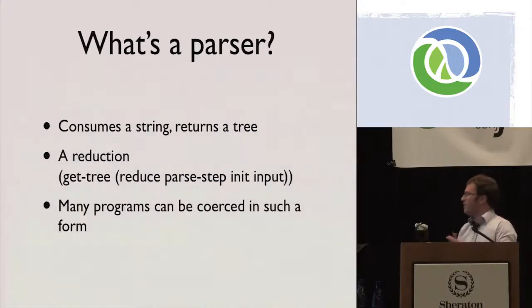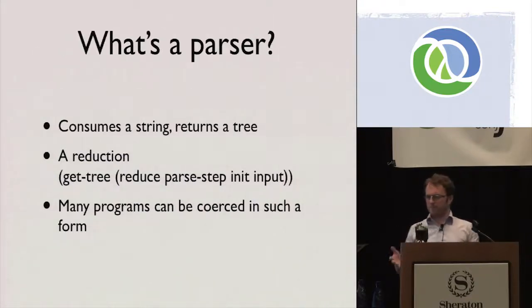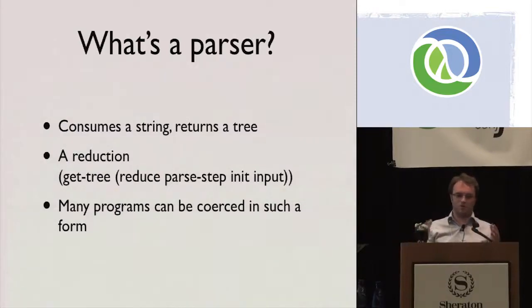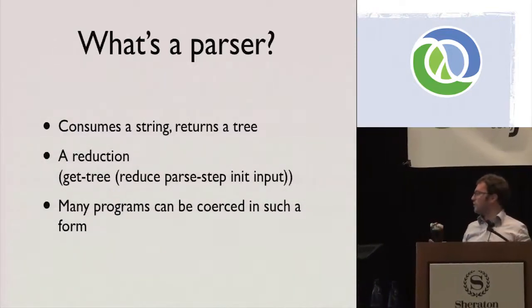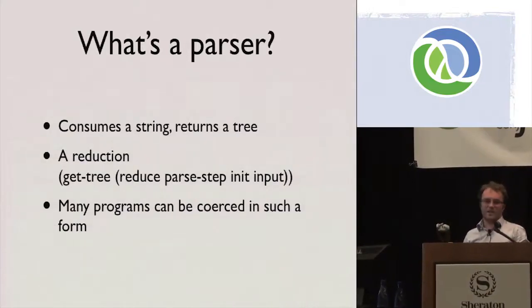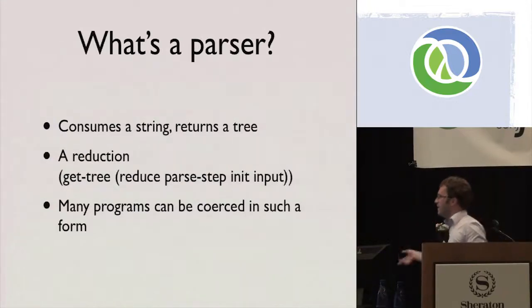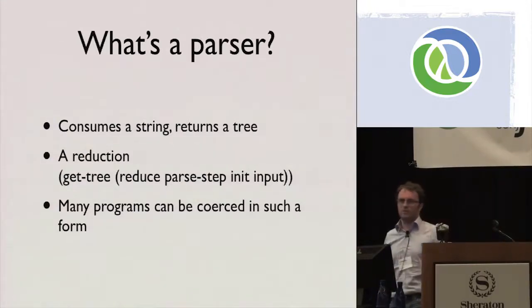So from a very, very, very high-level point of view, a parser is simply something which consumes a stream of tokens, a stream of characters, which consumes a string. And it can be seen as a simple reduction. It's this expression: get tree, reduce per step init input. That's all.